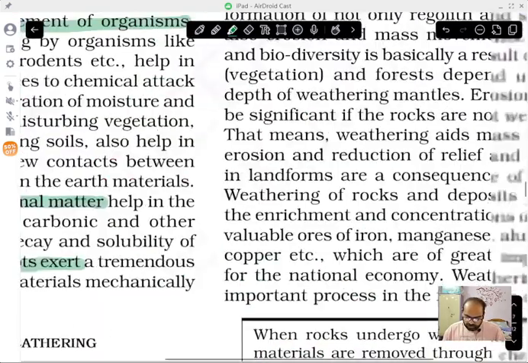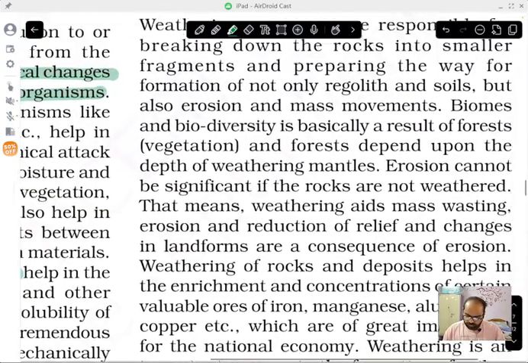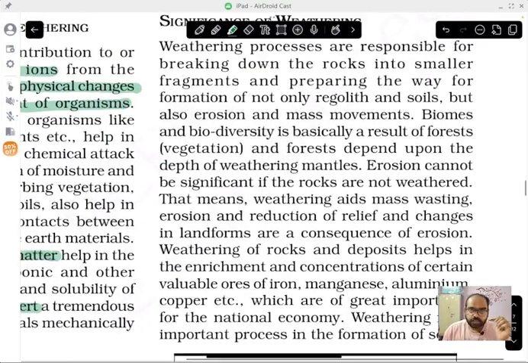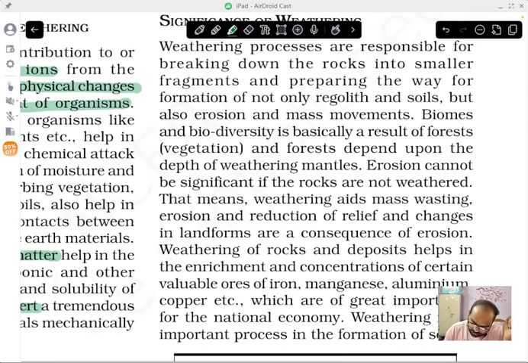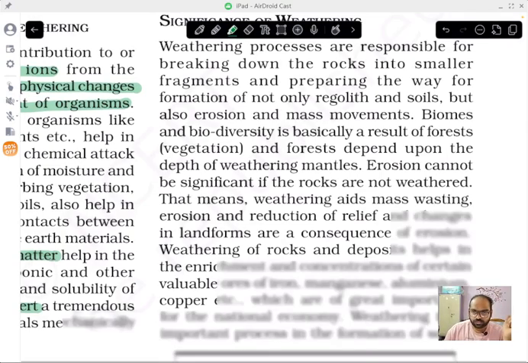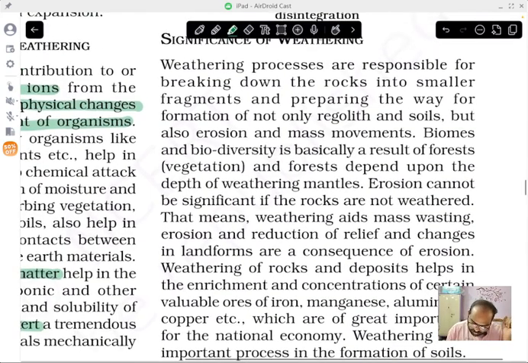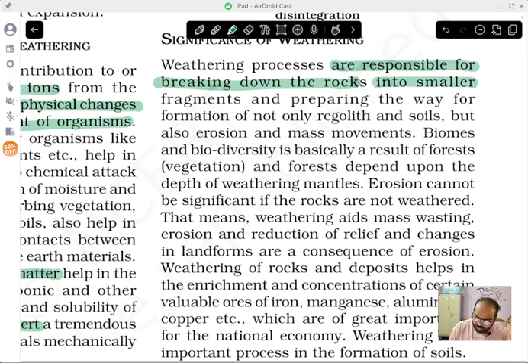And significance of weathering. Weathering processes are responsible for breaking down the rocks into smaller fragments and preparing the way for formation of regolith and soils.